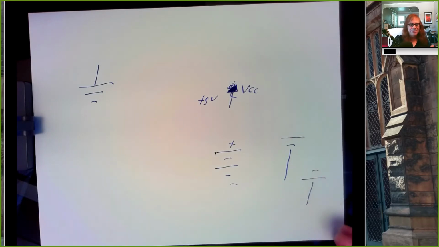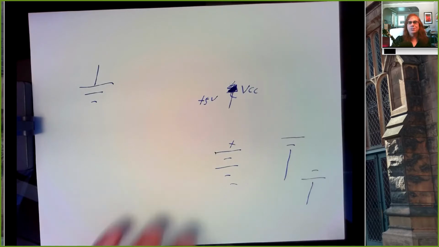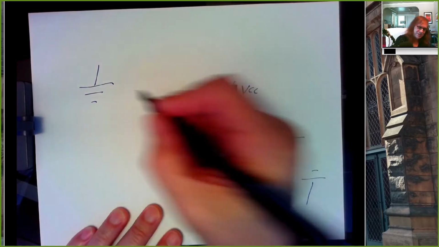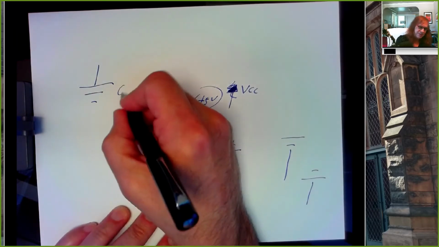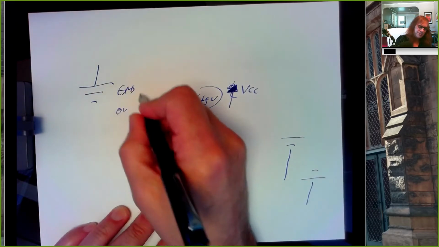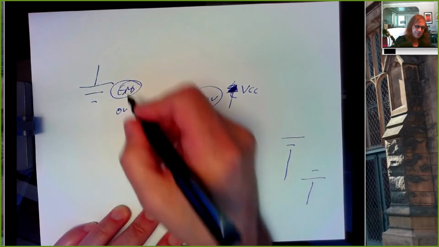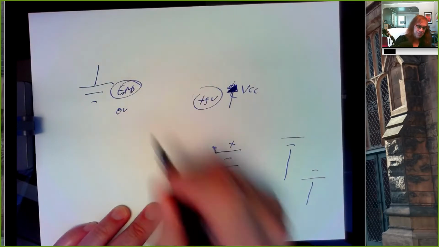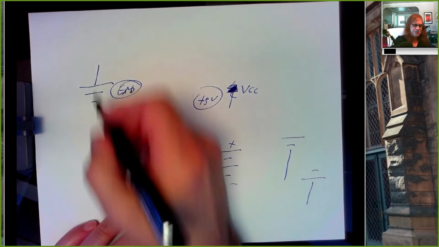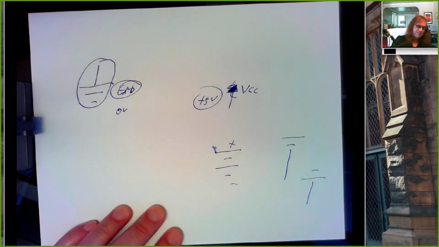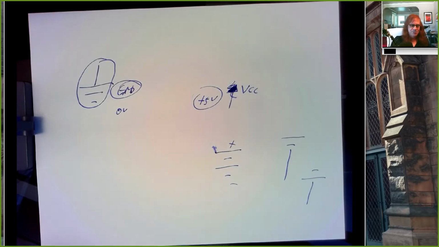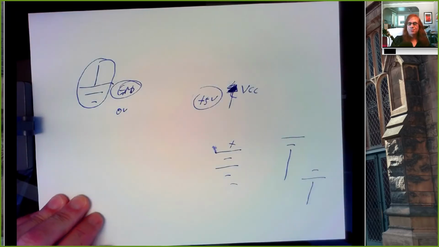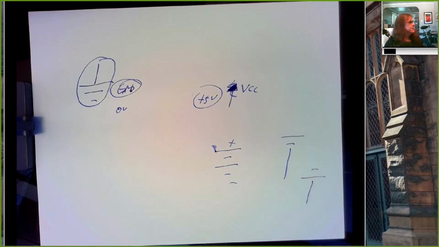So anytime you have a voltage referenced somewhere, the safest thing to do is label it, either VCC or positive 5 volts. And for 0 volts, label it ground, or you could write 0 volts, but ground is pretty standard. Don't rely on the symbols, except this one is pretty safe. That's always going to mean ground. But if you want to be absolutely certain, label your voltage points, VCC, ground, that kind of thing.